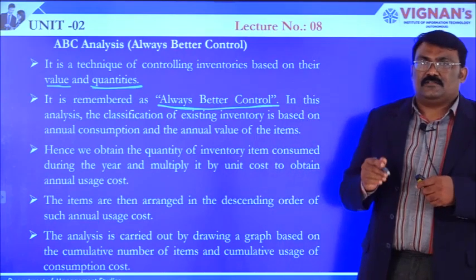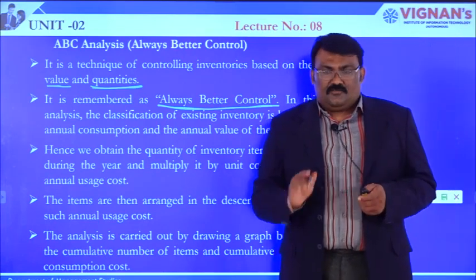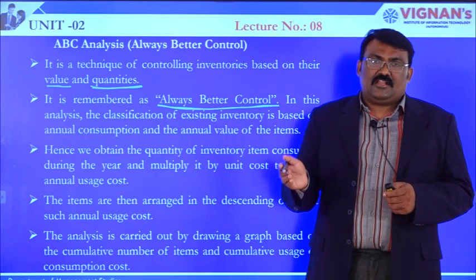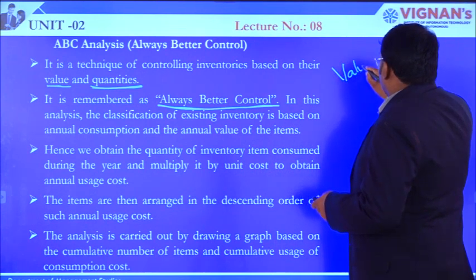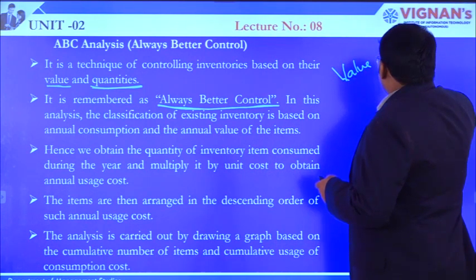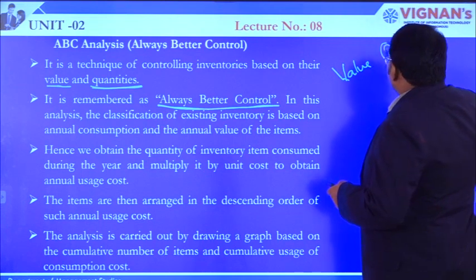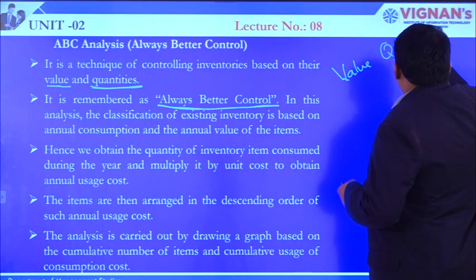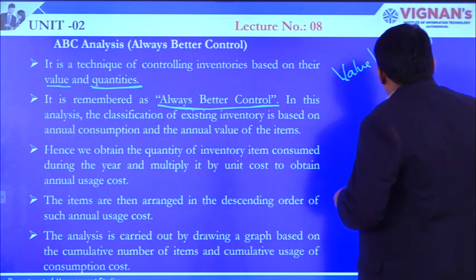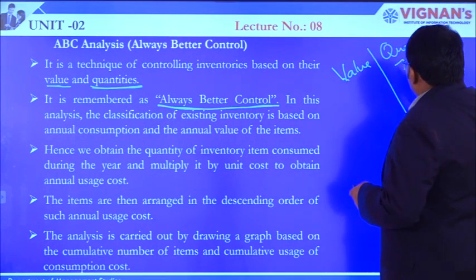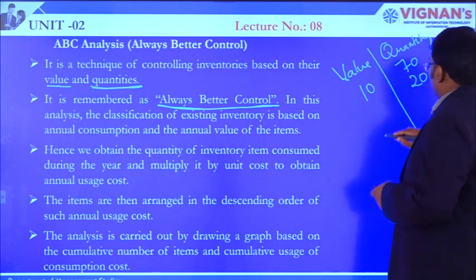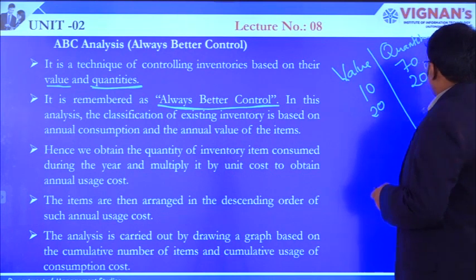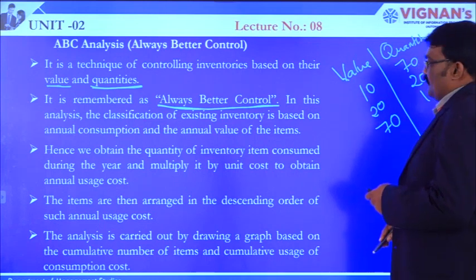It is remembered as always better control, because it gives the priority of the raw material in such a manner which is 70, 20 and 10. If I take the value and the quantity comparison, 70% of the quantity consumes 10% of value, 20% of quantity consumes 20% of the value, and 10% of the quantity consumes 70% of the value.